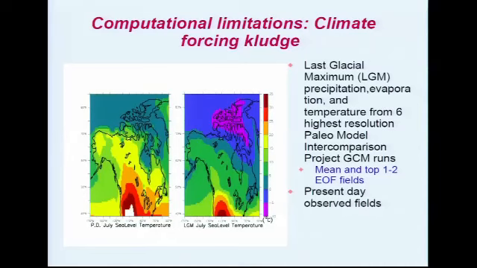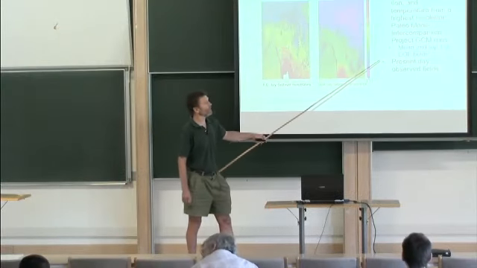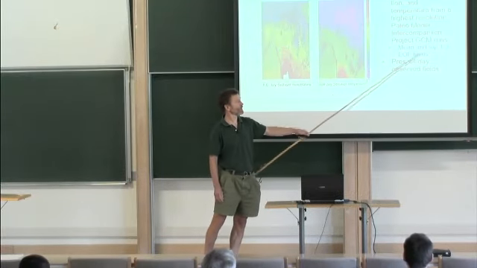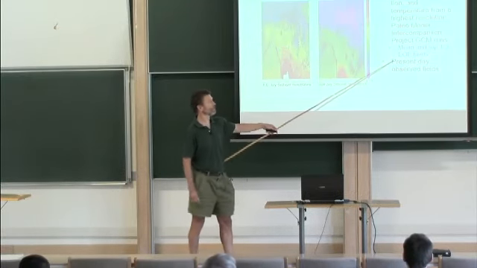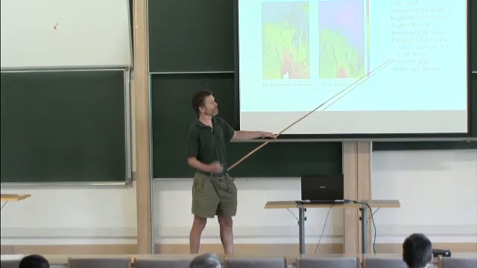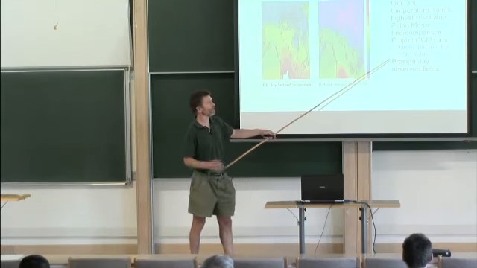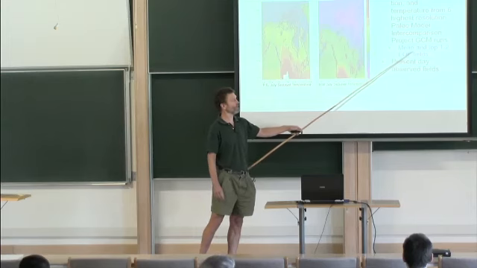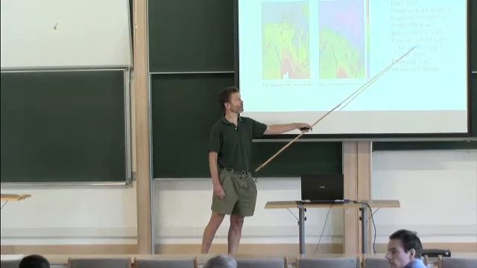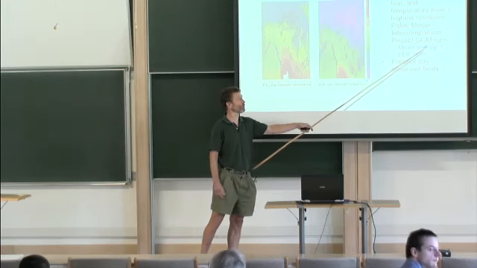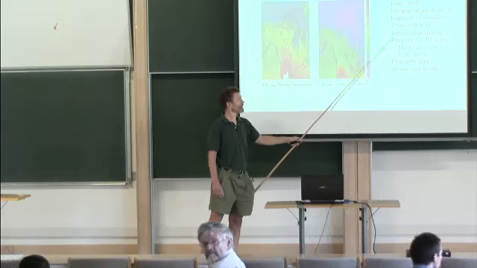This was an international project comparing model runs from international climate modeling centers, and I took the mean and the top two EOF fields, empirical orthogonal functions, of the intermodel variance. So I'm trying to capture the variation in differences between the models, but I've also restricted to the top 6 high-resolution GCM runs. Is that PMIP2? These are PMIP2, yeah.